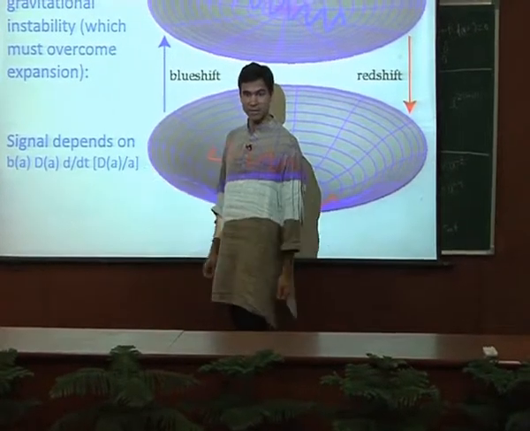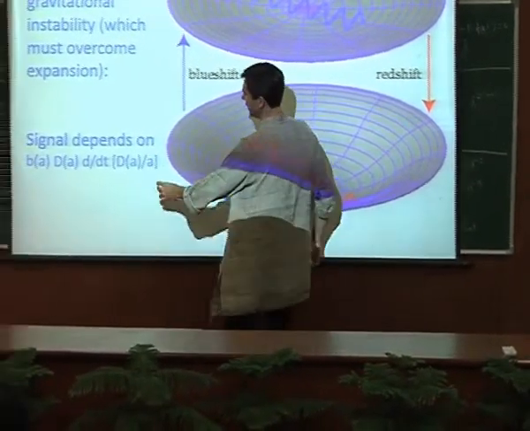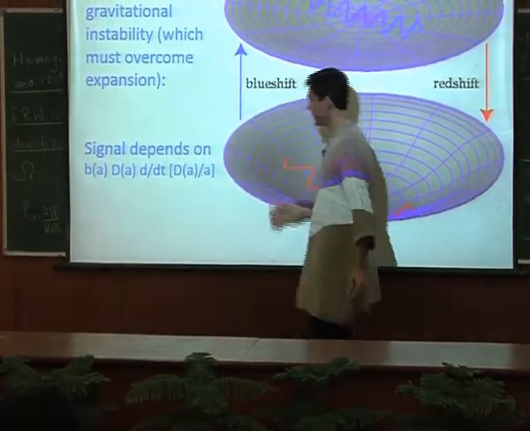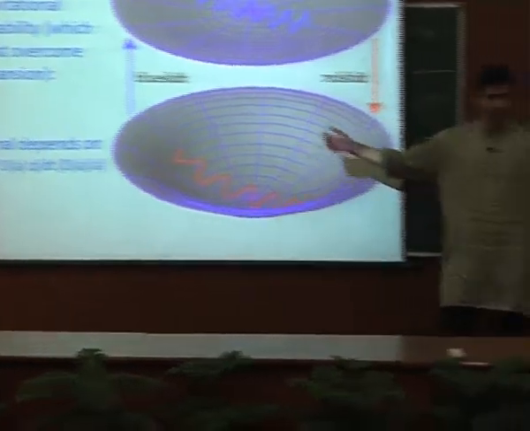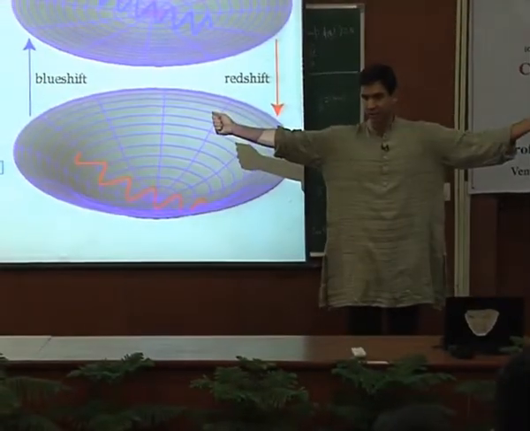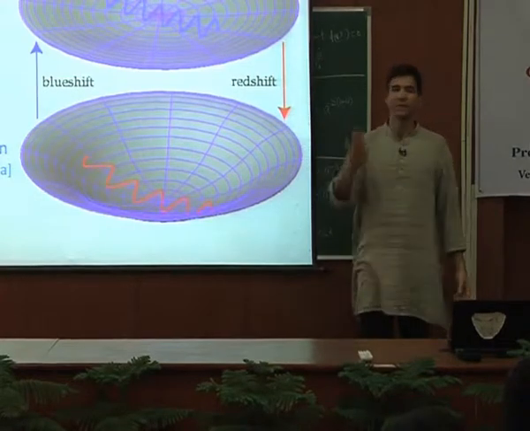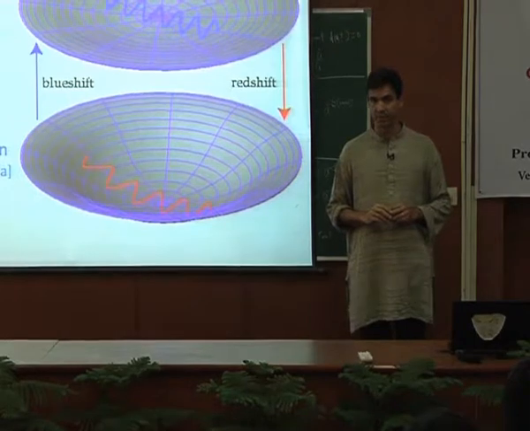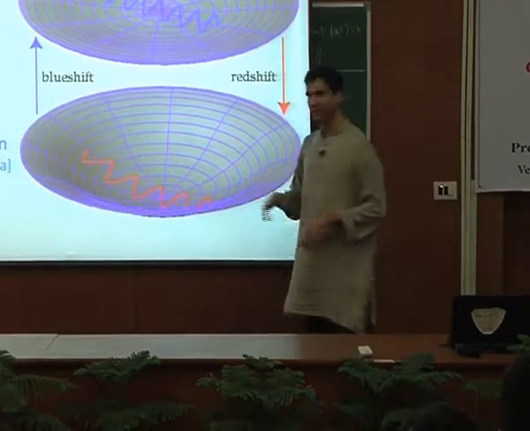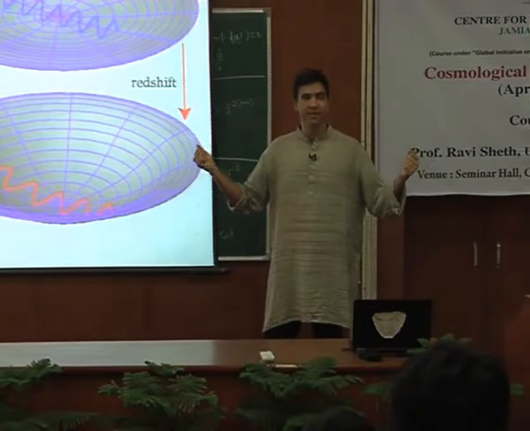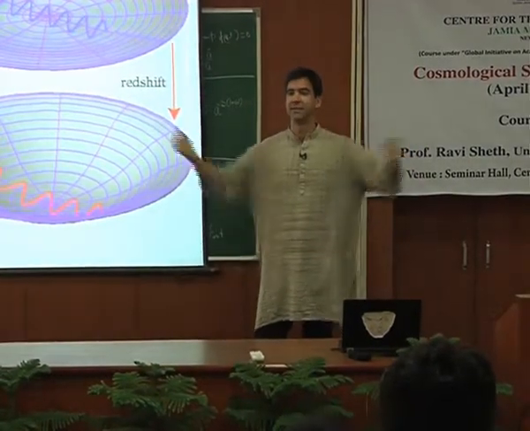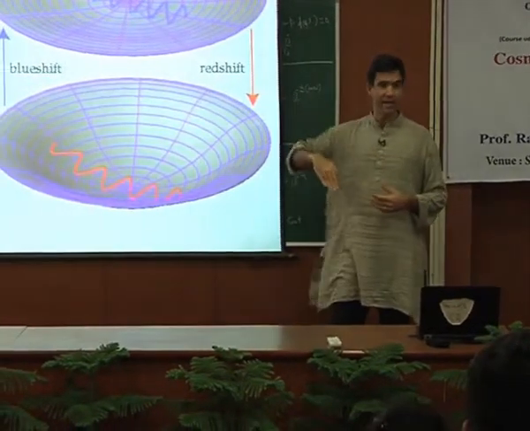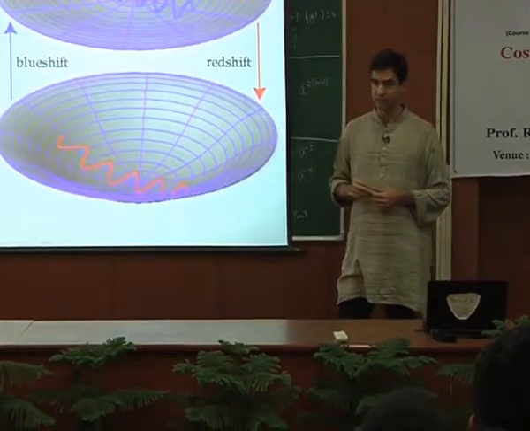And so if these two cancel, meaning they're the same, then this potential is not evolving, because the evolution is canceling the expansion. And so then the photon will have no plus or minus. There will be no effect. On the other hand, if the growth because of collapse is slower than the stretching because of expansion, then the photon will gain energy but not spend as much coming out.